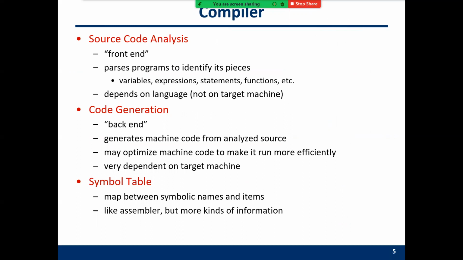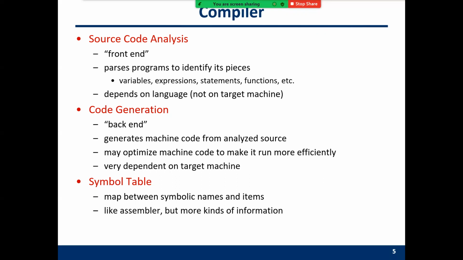Compared to the assembly language, the compiler of C is powerful because it can help you to check the errors. This is so-called source code analysis. If you declare some variable and you didn't use the variable in the following sentences, the compiler can give you a warning.